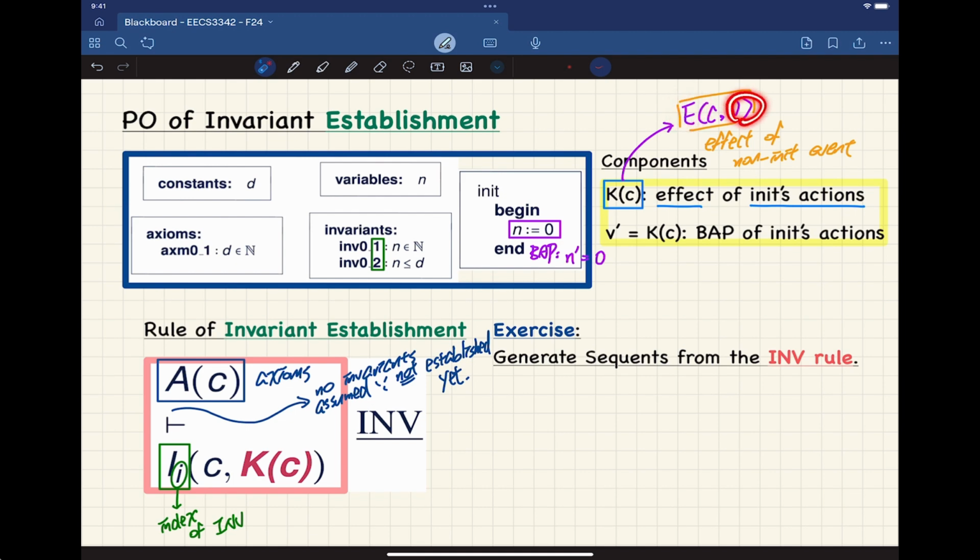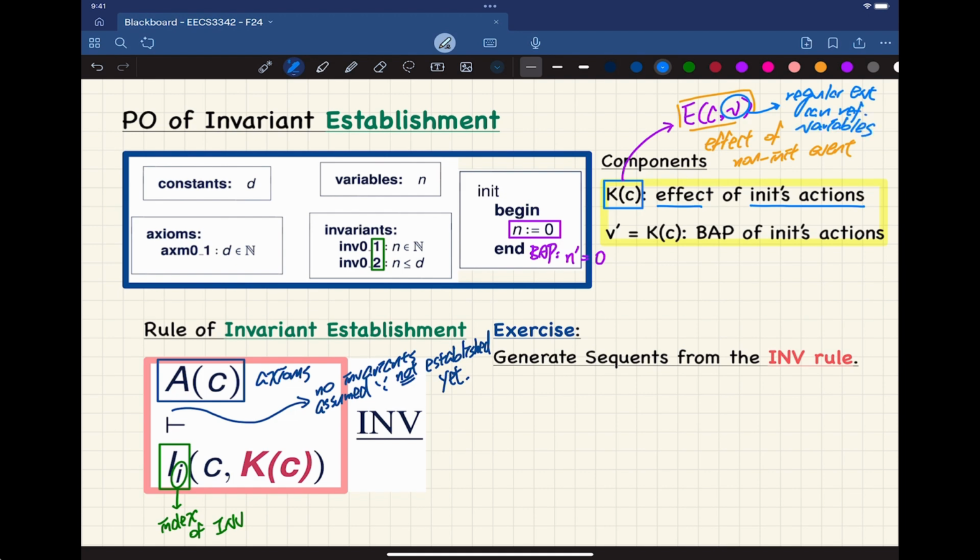You can see for the init, we don't have a variable, right? Because there's no pre-states. Notice the difference here. Regular events can reference variables.